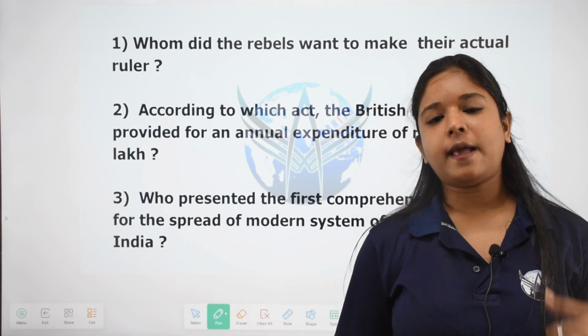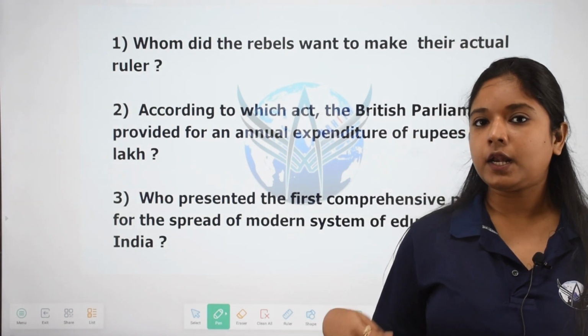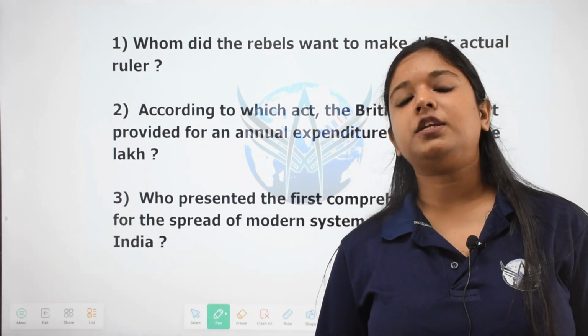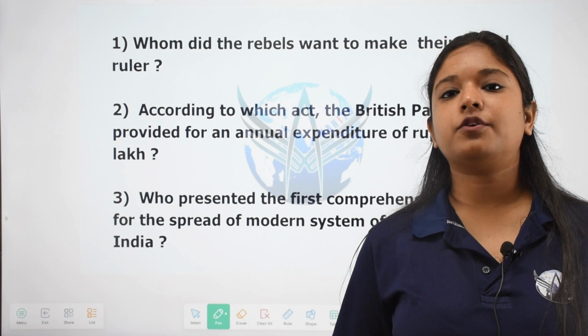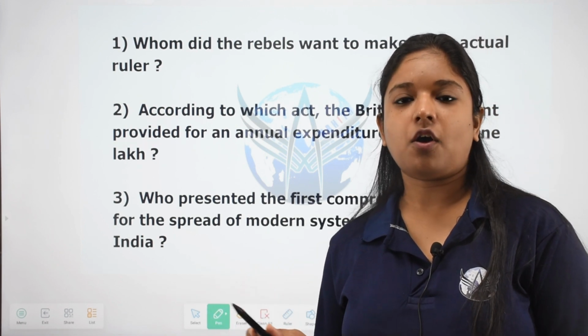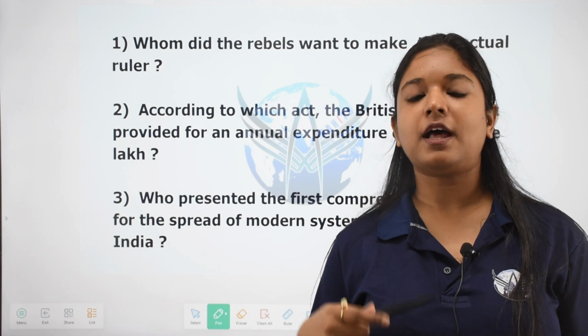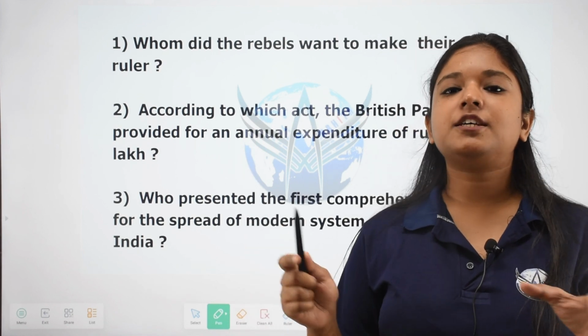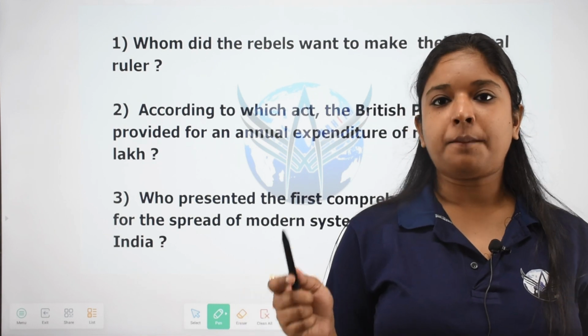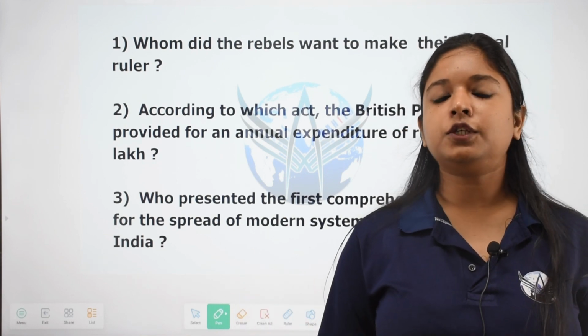The Battle of Plassey and the defeat of Siraj-ud-Dowla, the Nawab of Bengal, marked the beginning of British political rule in India.